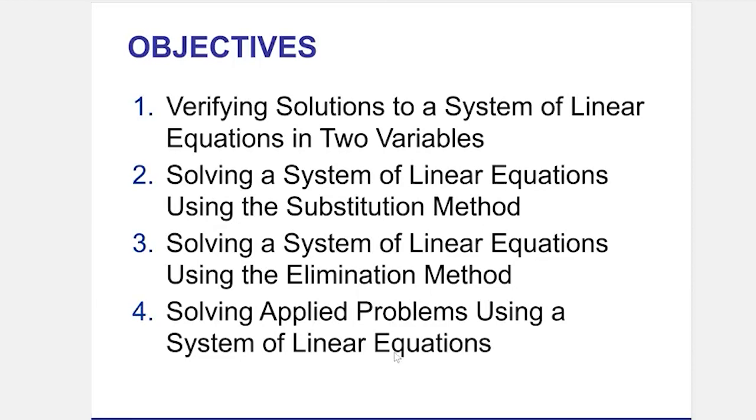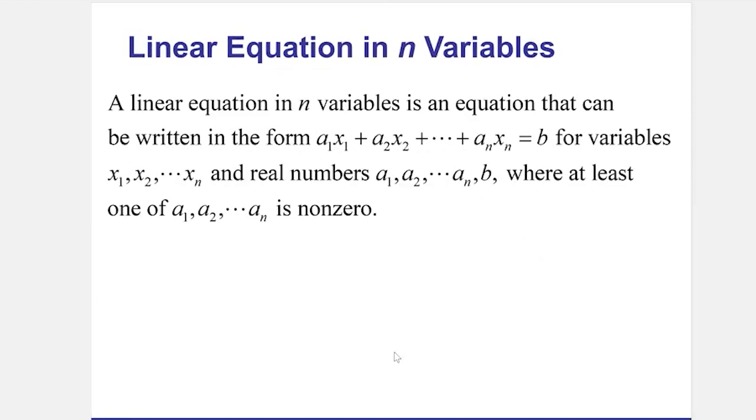Okay, first thing is, what is a linear equation? Well, we already learned that it's a value to the first power. Remember, the exponent always has to be to the first power. So let's read what this says. A linear equation in n variables is an equation that can be written in the form a1x1 plus a2x2.